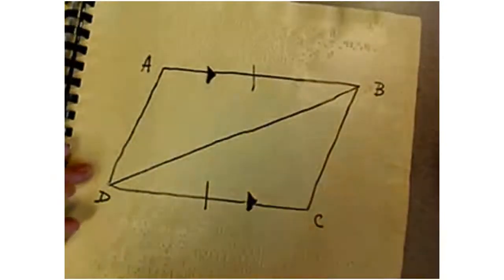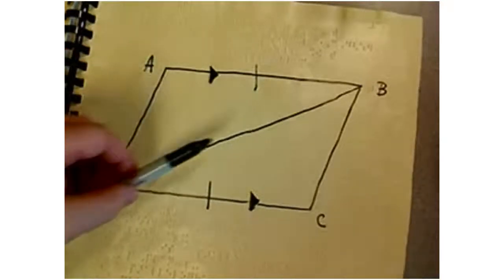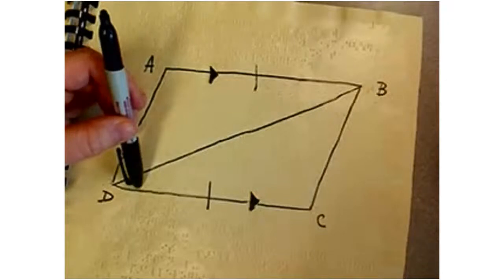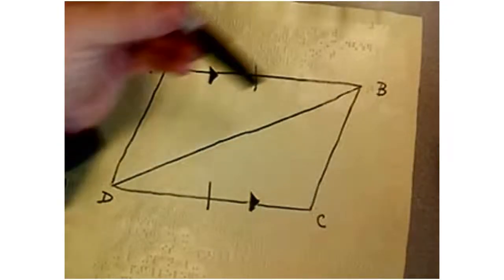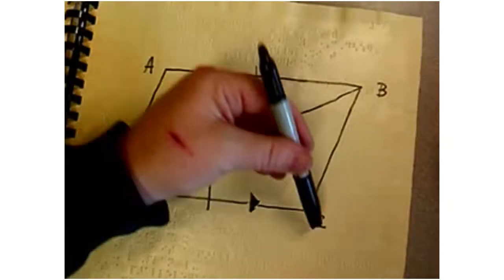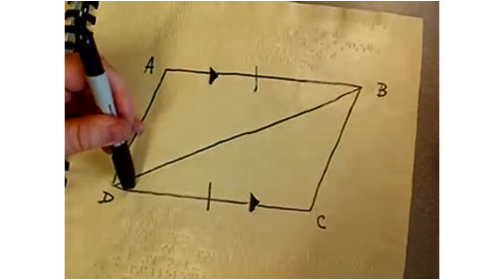Thinking way back to when you learned about parallel lines and transversals, that transversal is creating alternate interior angles. So that ABD angle up there at the top is on the one side of the transversal, and the CDB angle at the bottom is on the other side of the transversal.